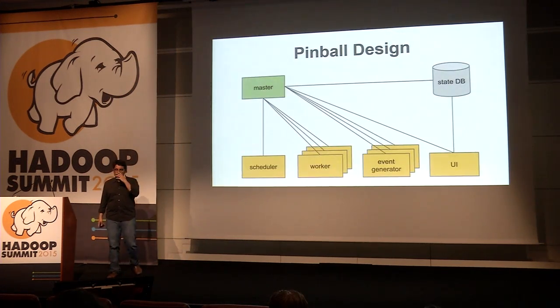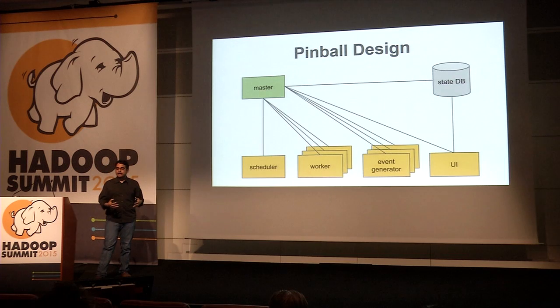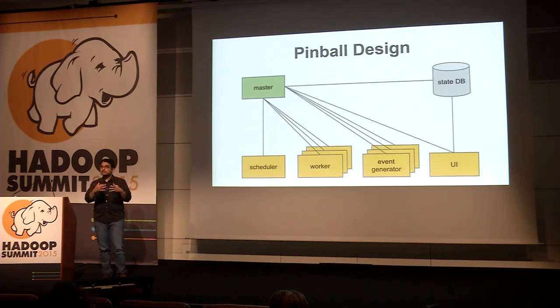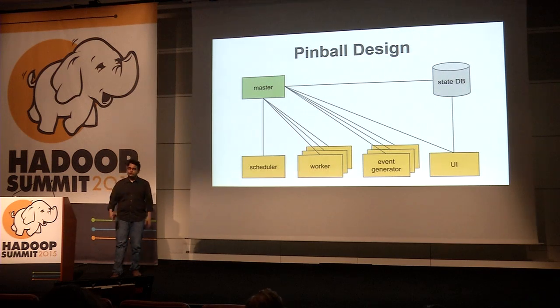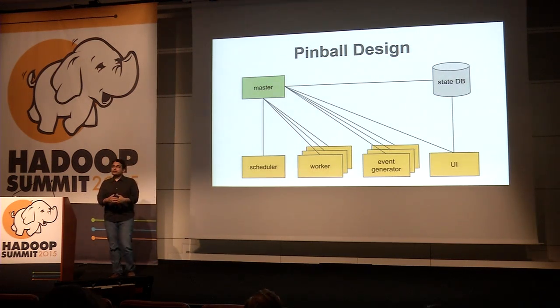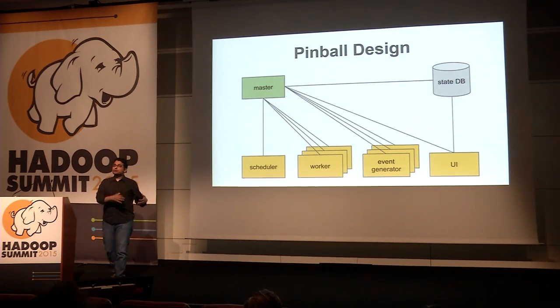So this is the design of Pinball. Pinball has a master service that keeps track of the internal state. It keeps all the state in a database. We use MySQL for it. And then there are a bunch of workers that are actually executing these tasks. There's a scheduler component that figures out when to run a particular workflow based on the policy specified.